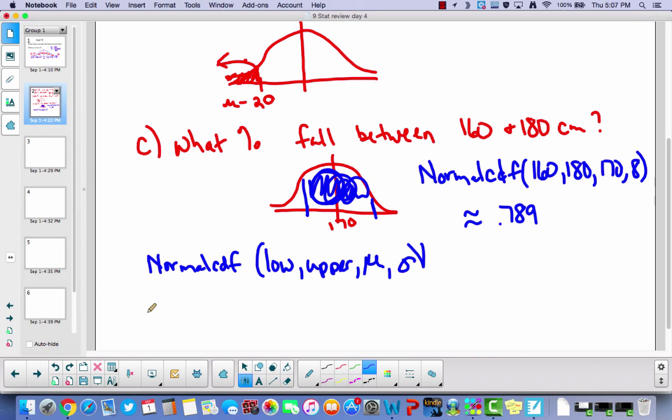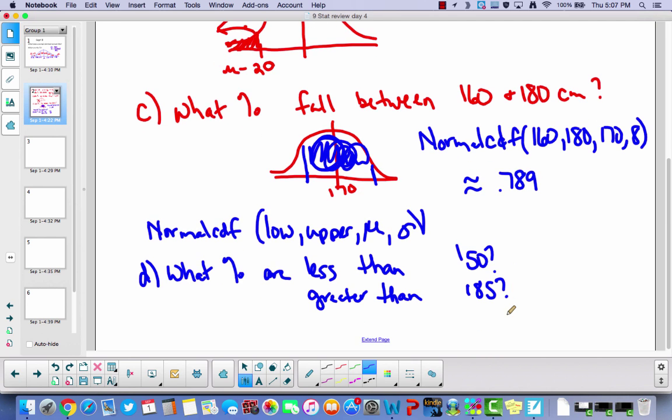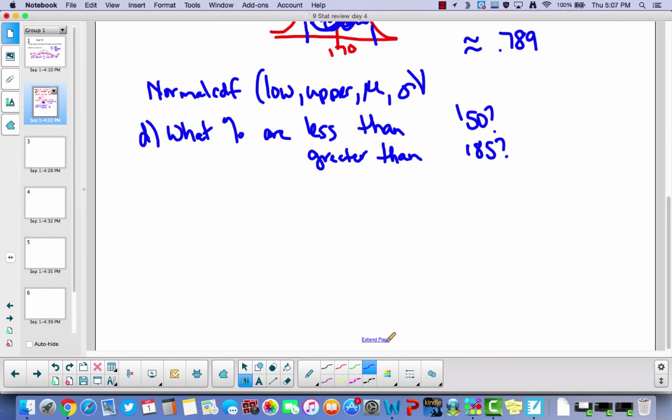Try this one for me. What if we wanted what percent are less than 150 or greater than 185? These are two separate ones, not combining them together. Try those two for me, please. All right, so pause it here, so you can try that.